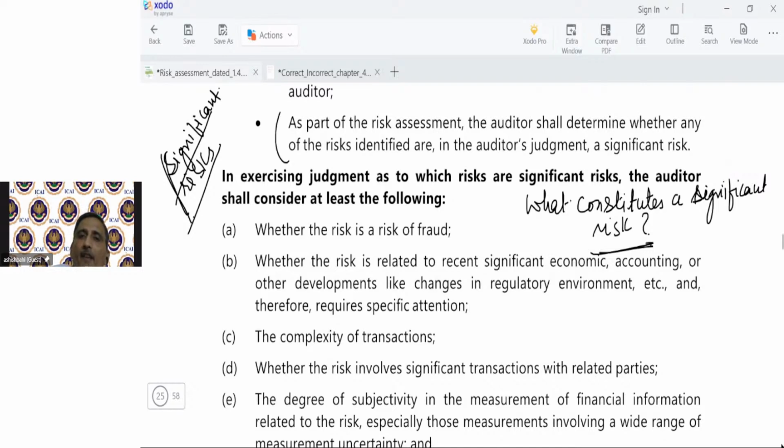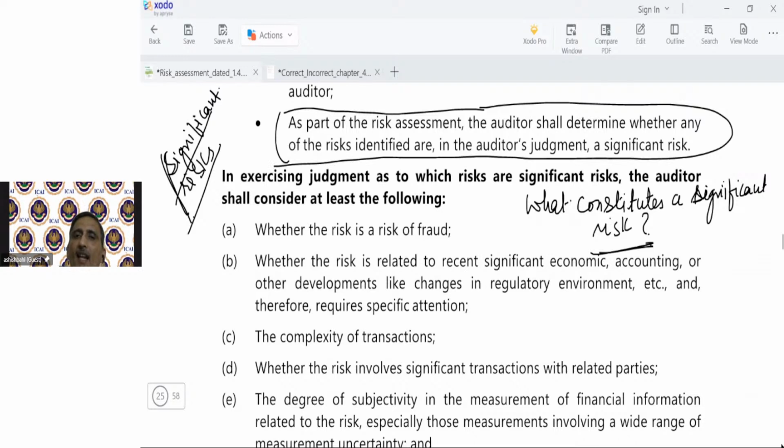So as part of risk assessment, guys, you know that the auditor shall determine according to his professional judgment which risk is a significant risk. So in determining, SA 315 states that in determining what risks are significant, the auditor shall consider at least these of the following, at least these things.